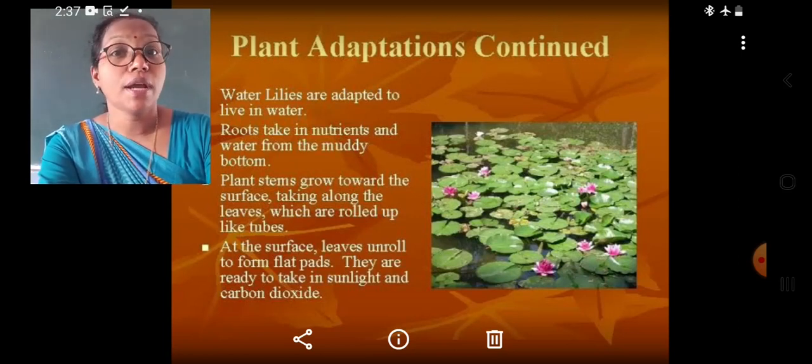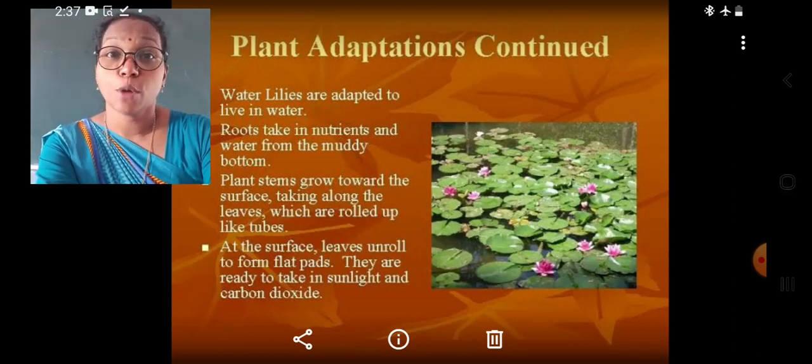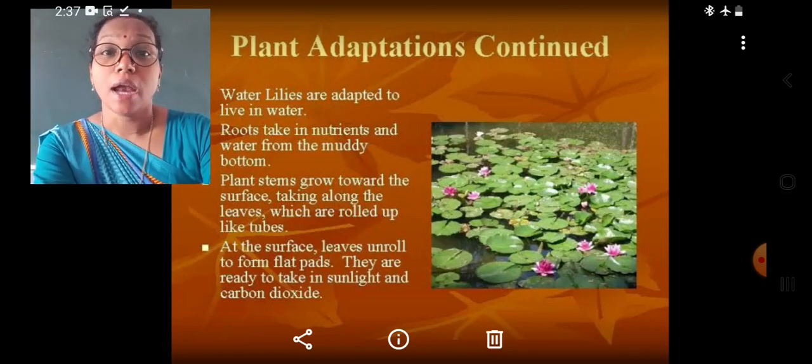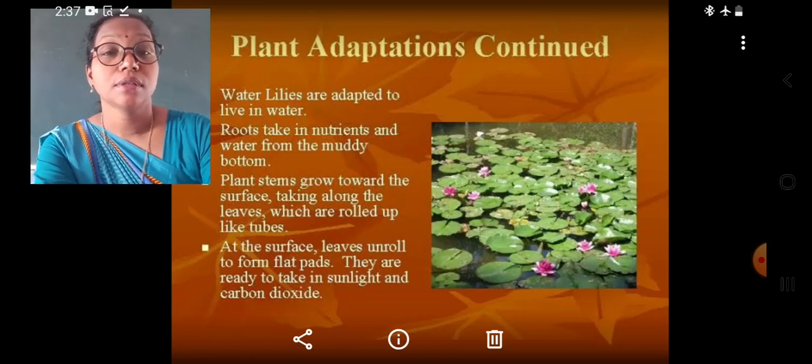These leaves provide habitat to smaller organisms. In the hydrophytes, the stomata is present at the upper surface of the leaves.